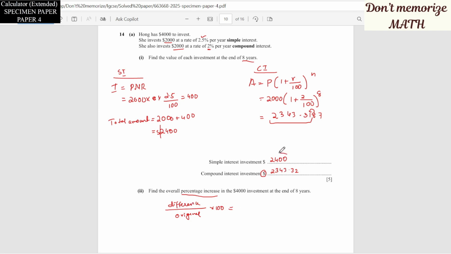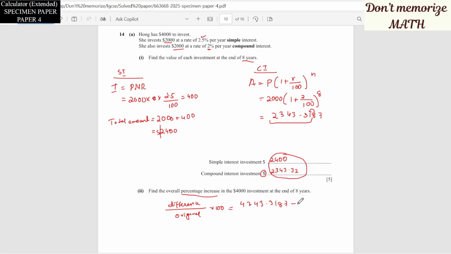It is how much they got after 8 years. Let's find out: 2400 plus 2343.32. Instead of typing that, you can just press answer. So the total amount is 4743.3187 after 8 years. I just added these two.